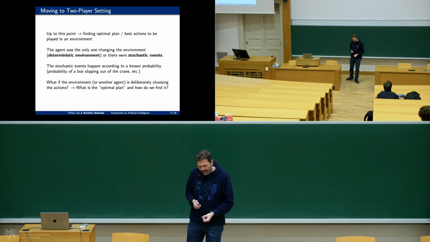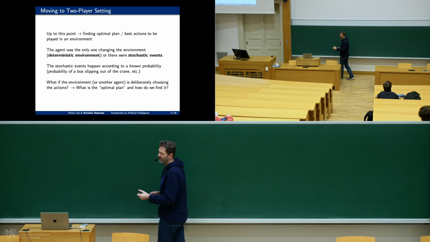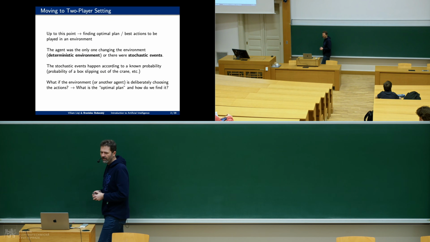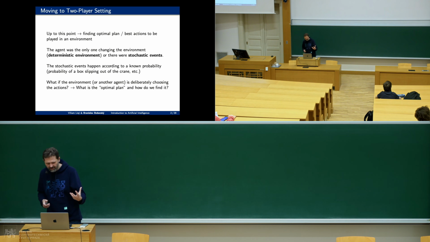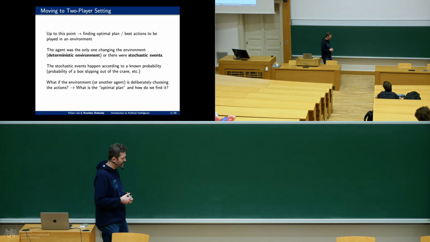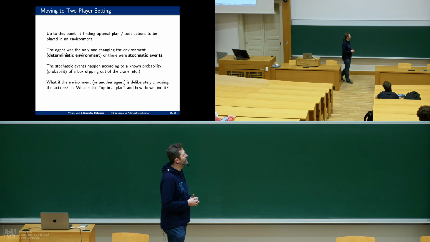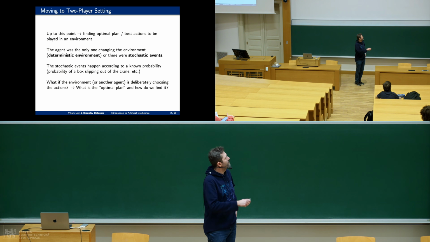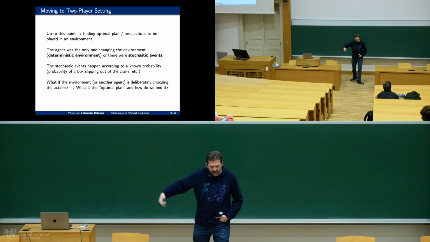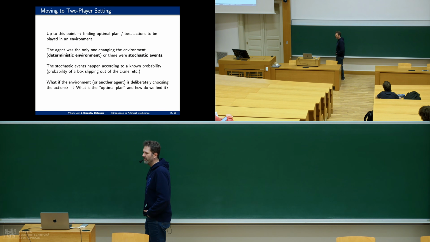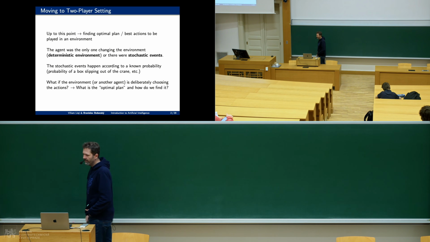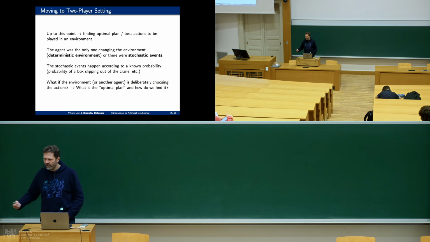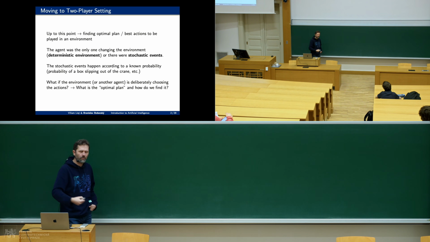So in today's lecture and next week, we will assume that the agent that is making the actions is not the only one in the environment. We will have another agent that is making their changes, their actions in the environment, and they are making the changes such that they want to complete their own plan, their own goal, right?